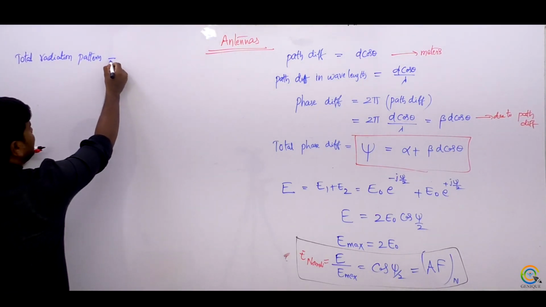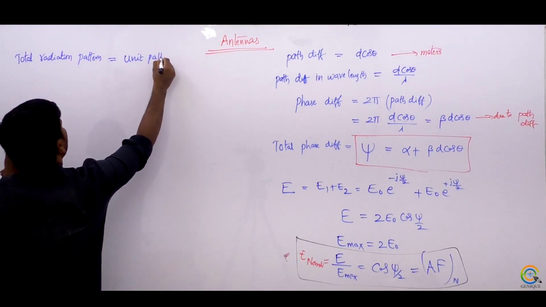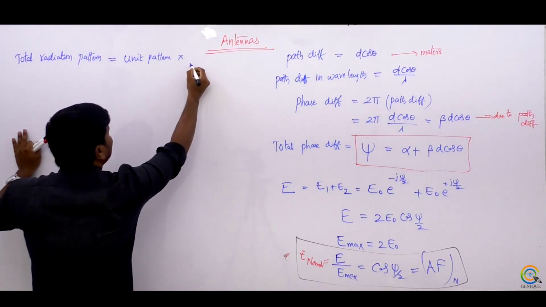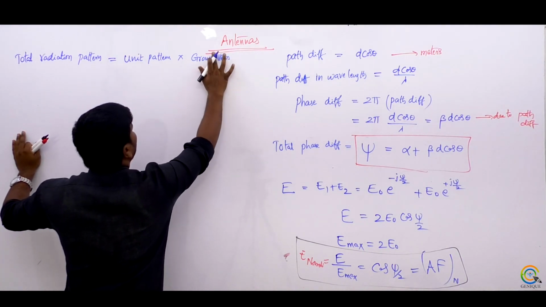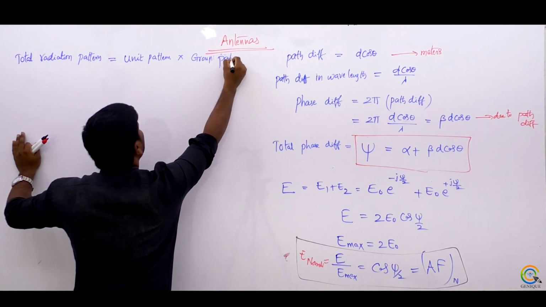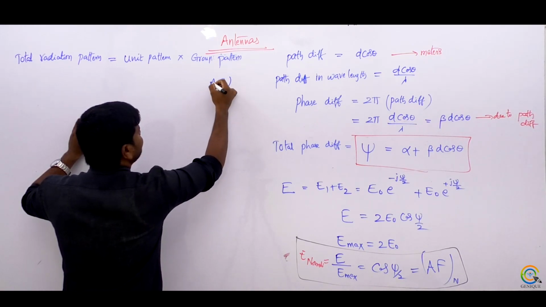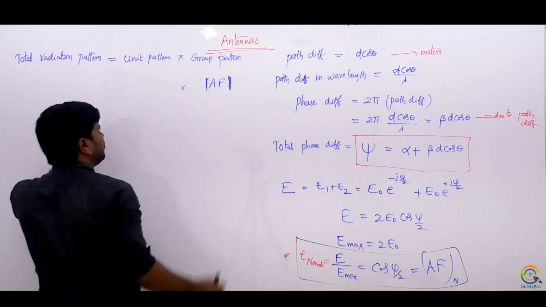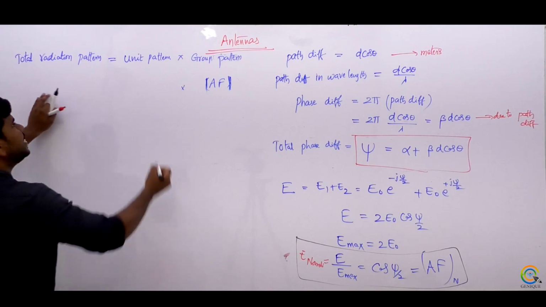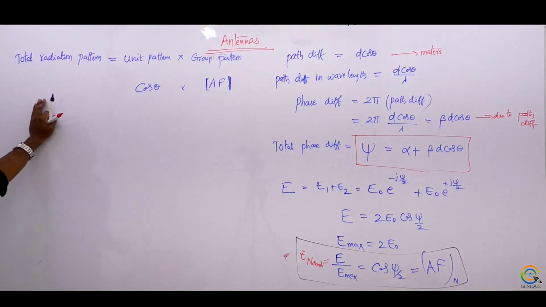The total radiation pattern is equal to the unit pattern into the group pattern. Here the group pattern is indicated by the array factor, mod array factor. Here the unit pattern is indicated by the cos theta.